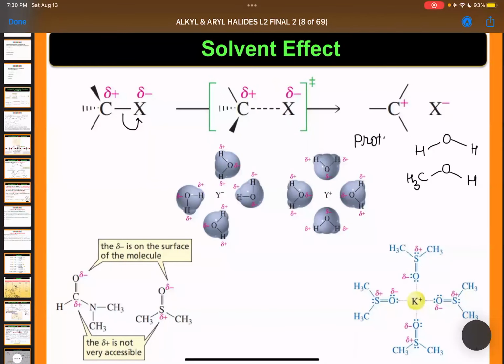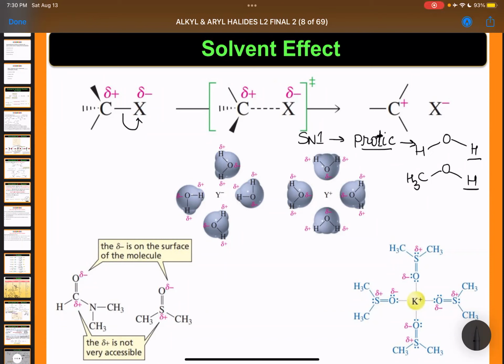The name is very clear. Protic means proton, meaning H is directly connected to oxygen. And why do I need this kind of solvent for SN1? An SN1 reaction can happen very quickly in a protic solvent. Is it clear?